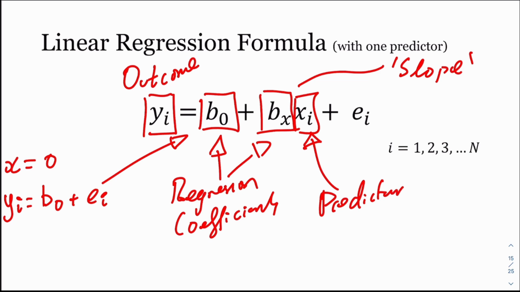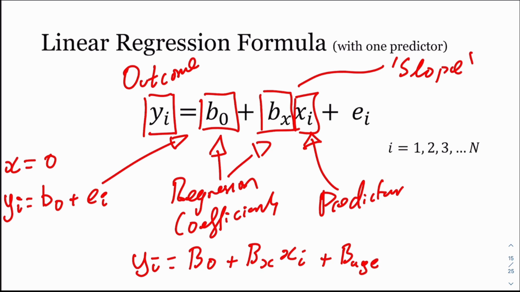And it's possible to extend this regression formula to have more than one predictor variable. So if we have more than one predictor variable, our regression formula would look something like this. So y is equal to an intercept, that would keep the same. Again, we'd have our regression coefficient for the x variable. And let's say we want to include a new variable into our model, which we'll call age. Our new variable age will have its own beta coefficient, so let's call it the beta coefficient for age.